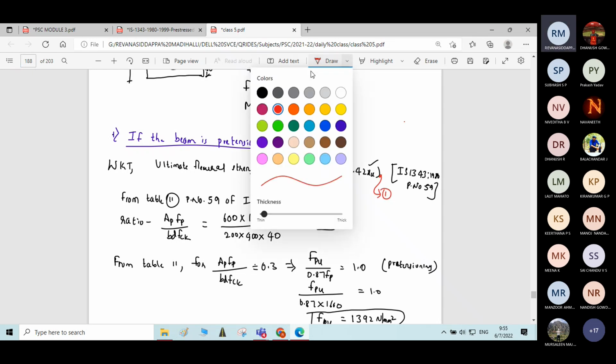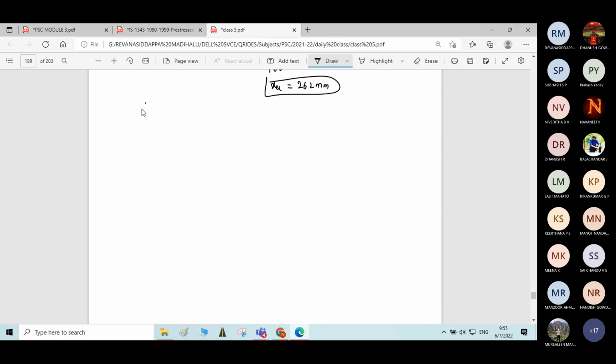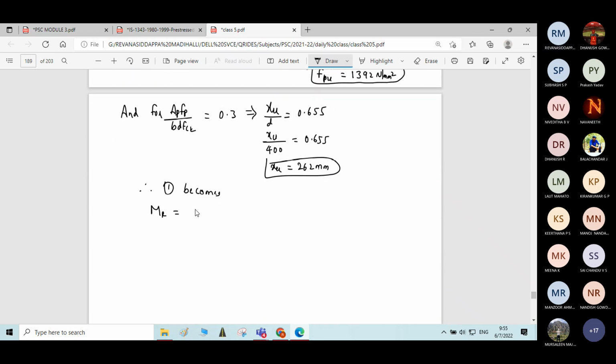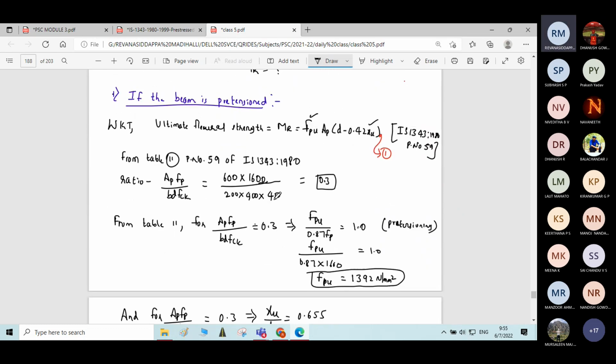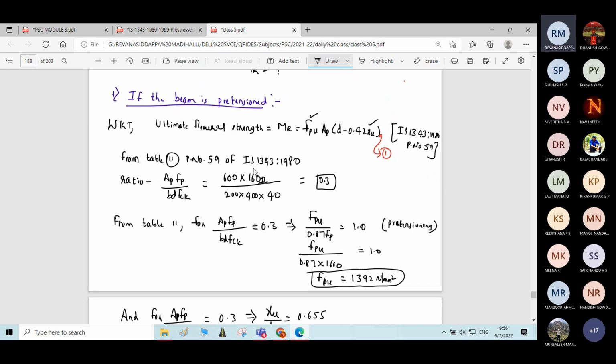Therefore, equation 1 becomes MR is equal to FPU value 1392 into AP, the area of pre-stressing steel, which is given as 600 mm square, into D minus 0.42 XU.